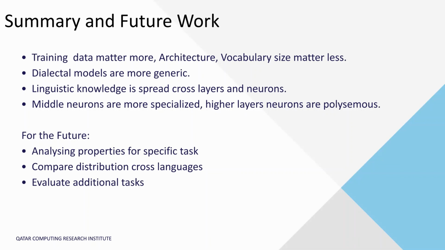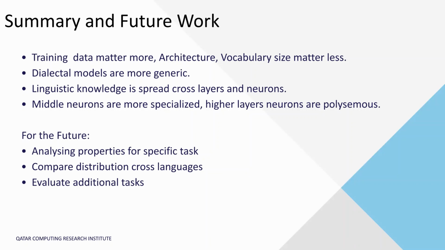The linguistic knowledge is spread across neurons and across layers. And even for our models here, the middle layers have specialized neurons, versus the higher neurons, which are more polysemous.